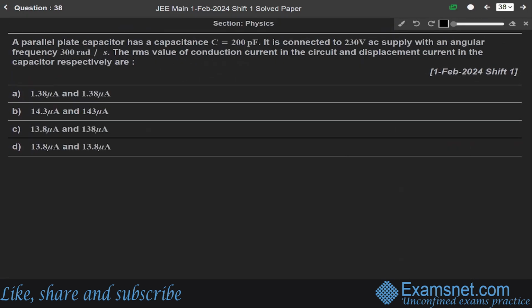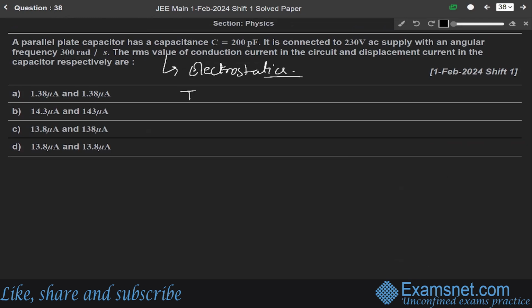Now next question 38. A parallel plate capacitor has a capacitance C equals to 200 picofarad. It is connected to 230 volt AC supply with an angular frequency 300 radian per second. The RMS value of conduction current in the circuit and displacement current in the capacitor respectively. Okay. So this question is from the chapter of electrostatics.